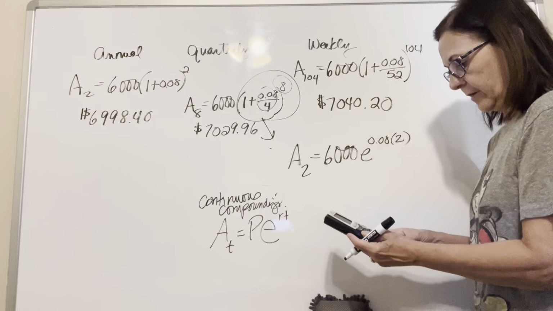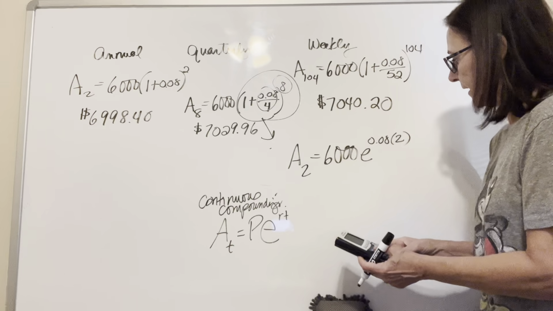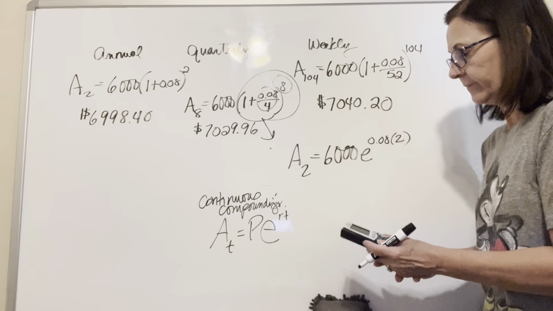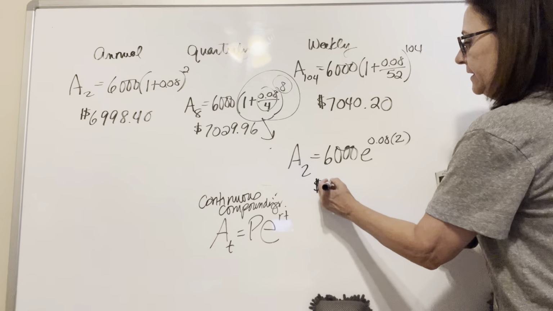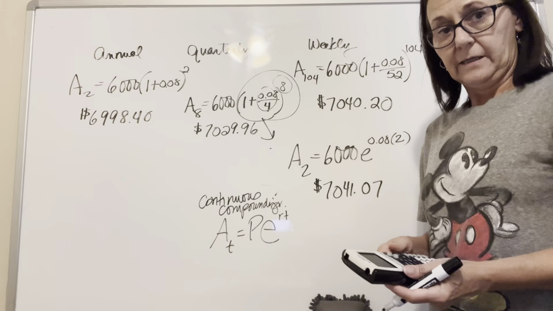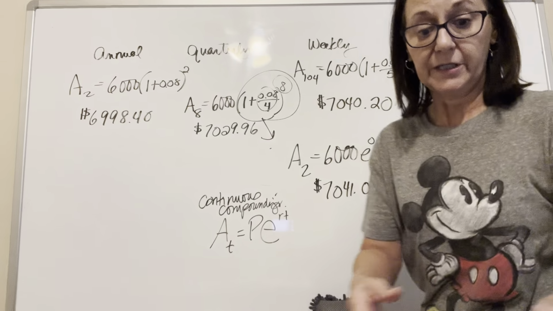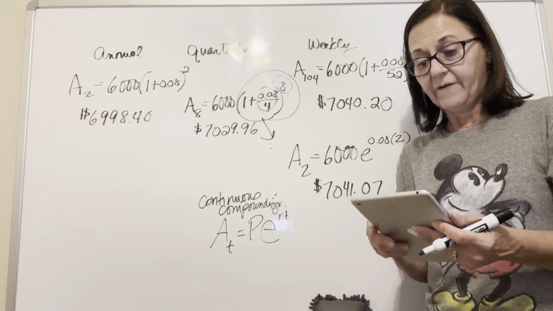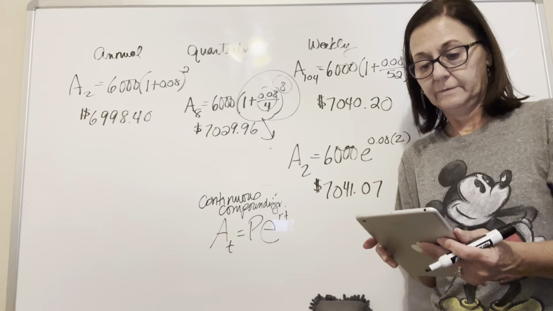All right, so when we do this in our calculator, 6,000 times shift LN to the 0.08 times 2, I get just a little bit more. It's $7,041.07. That's the most you can compound, is continuously. And when we compound continuously, we're using the value of E. All right? Make sense?